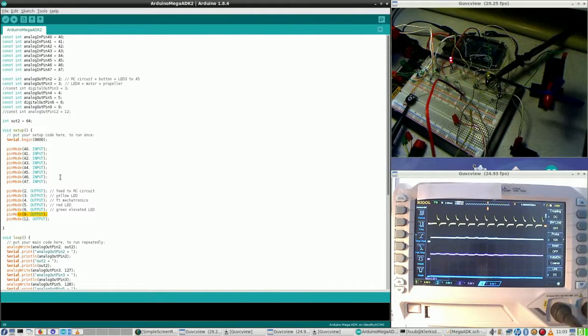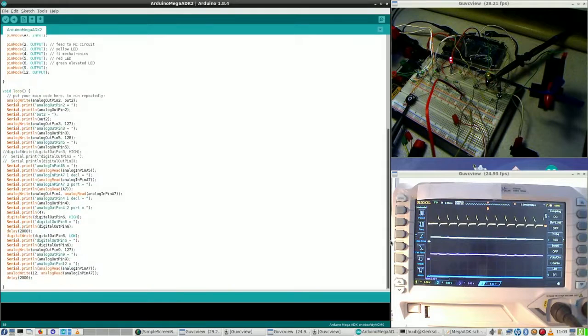Out pin 9 is from 9. It is defined as an output. So it would be nice if it would do something, and here it has a fixed value of 127.